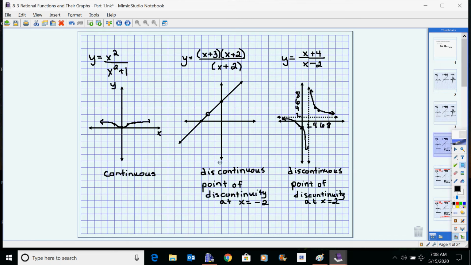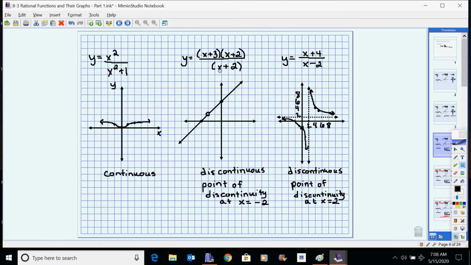Okay, whether it's infinite or whether it's just a hole. If you have a discontinuous graph, there's a specific point or a specific place where that pickup has to happen, and that's called a point of discontinuity. So here our point of discontinuity is at x equals -2, and it's always in terms of the x value or the horizontal axis value. So the point of discontinuity here is at x equals -2.